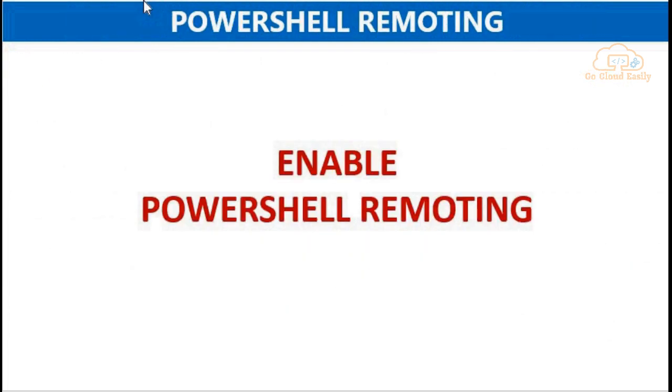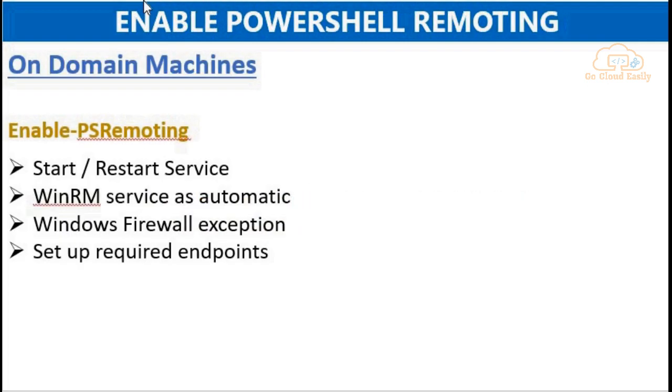So till now we have understood what exactly PowerShell remoting is, what its uses are, and what components are required to make a successful PS remoting session. Now in this video, we will discuss how we can enable PowerShell remoting on a remote machine. Before we enable PS remoting on any remote machine, we need to understand two cases: one is domain machines and the second is workgroup machines.